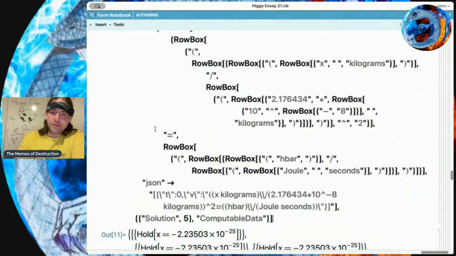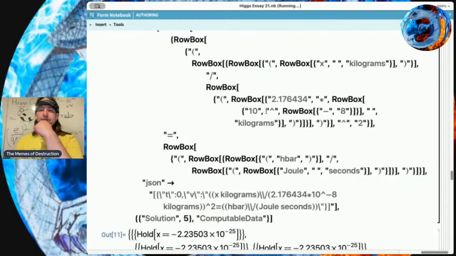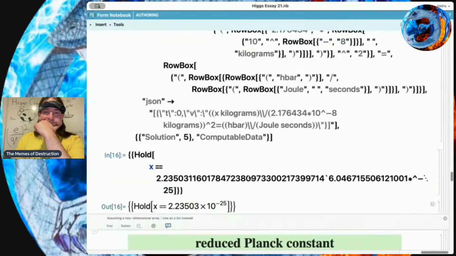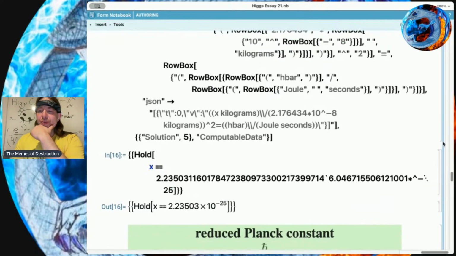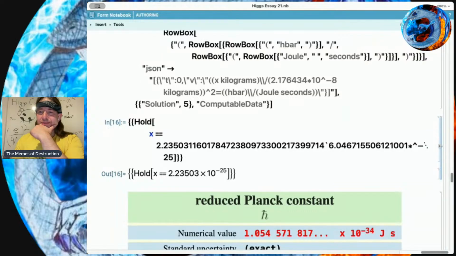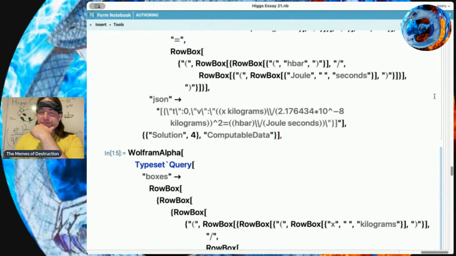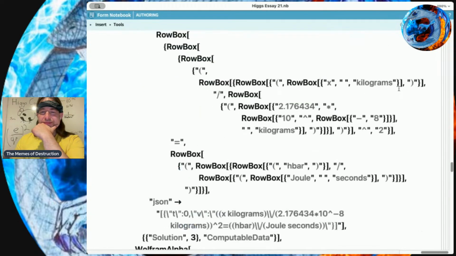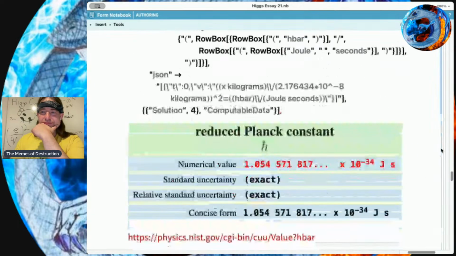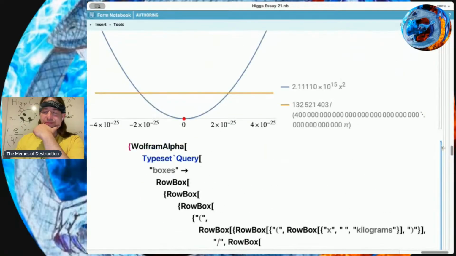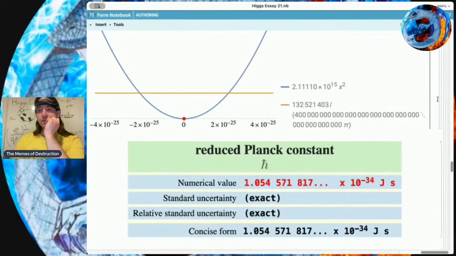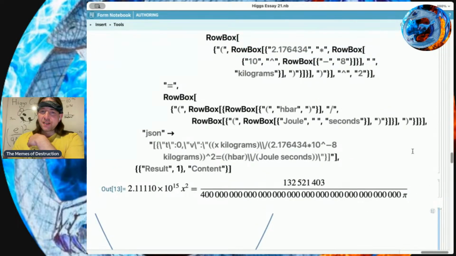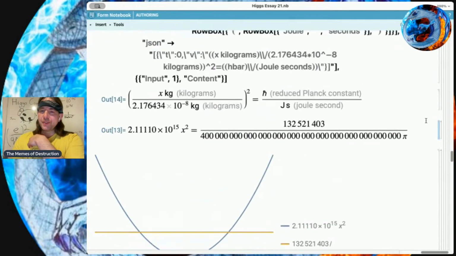Code, boom, boom. Roll it up, roll it up.